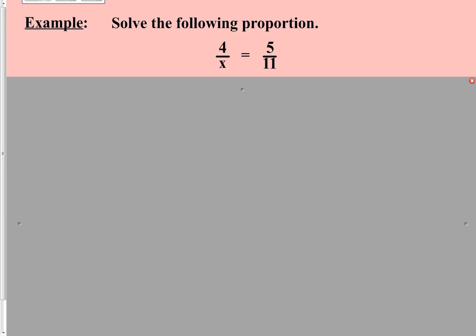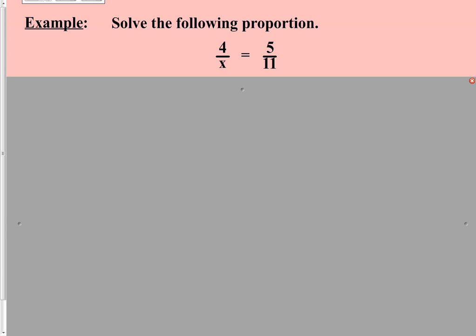Okay. Now, one of the things that we're primarily going to be doing with our proportions is cross-multiplying to check to see if the proportions are true or not, but we will also be using proportions to solve for an unknown piece of information inside of the proportion. So that's what we have here. 4 is to x as 5 is to 11.